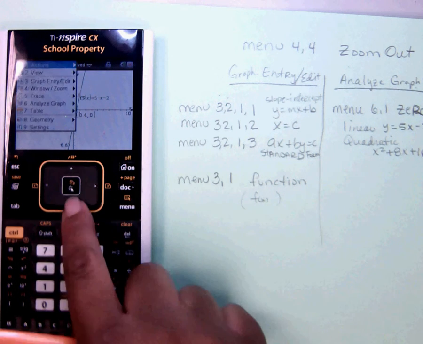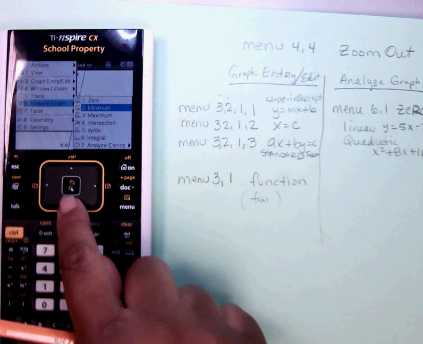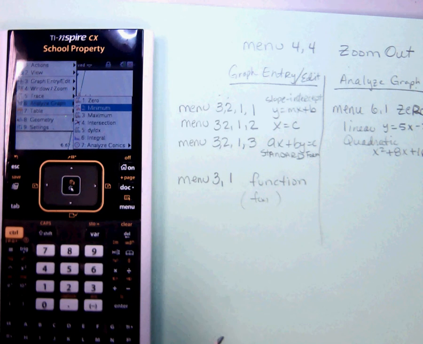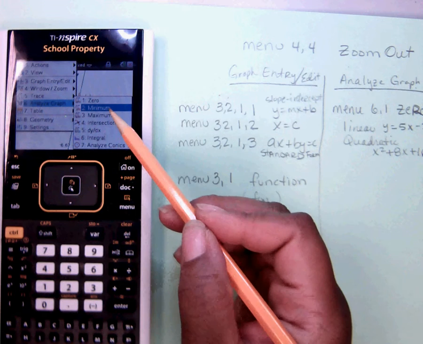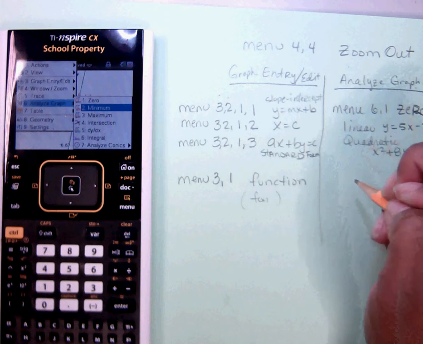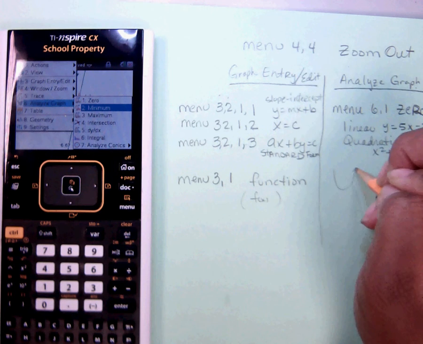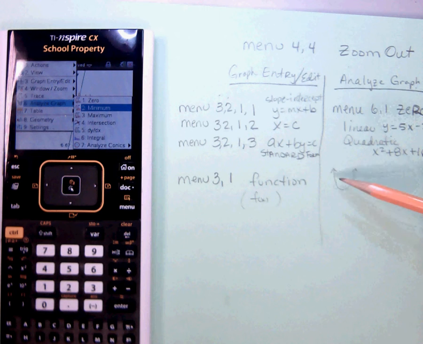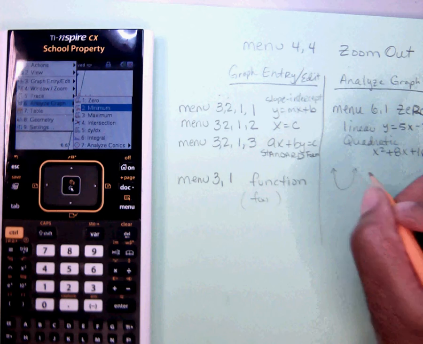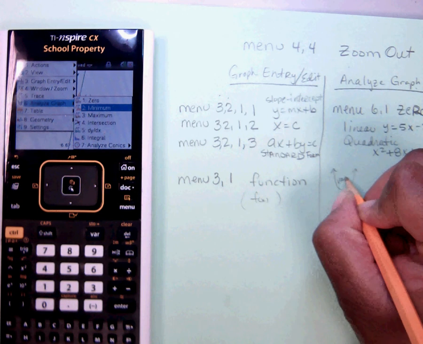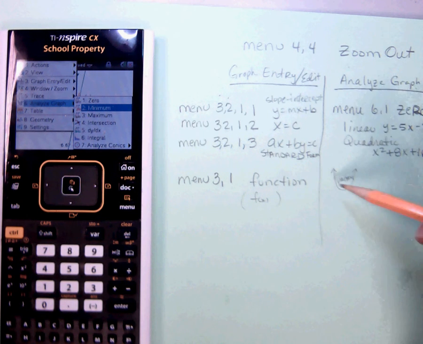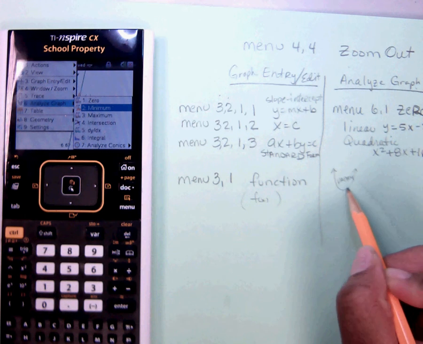Alright, let's see what else we're going to do here. Menu, the minimum. To find the minimum, you're looking at a quadratic equation where the graph has a smile, where it doesn't have a hill, it has a valley. Some people describe it as a valley, some people describe it as a smile. The curve of the parabola is at the bottom.